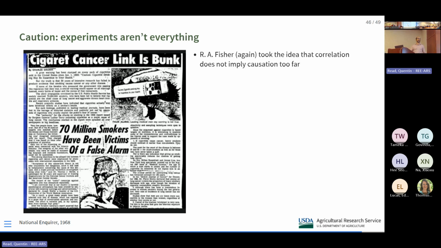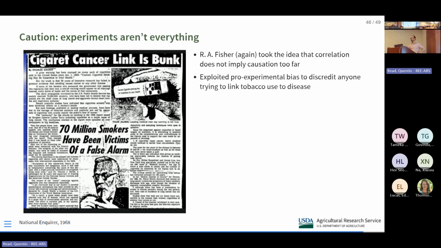Basically, we've talked about how an experiment is the best way to get information about whether X causes Y. If we just observe nature, we don't know what caused that. We have to control with an experiment. But he took that idea a little bit too far, or I would even say weaponized that idea.